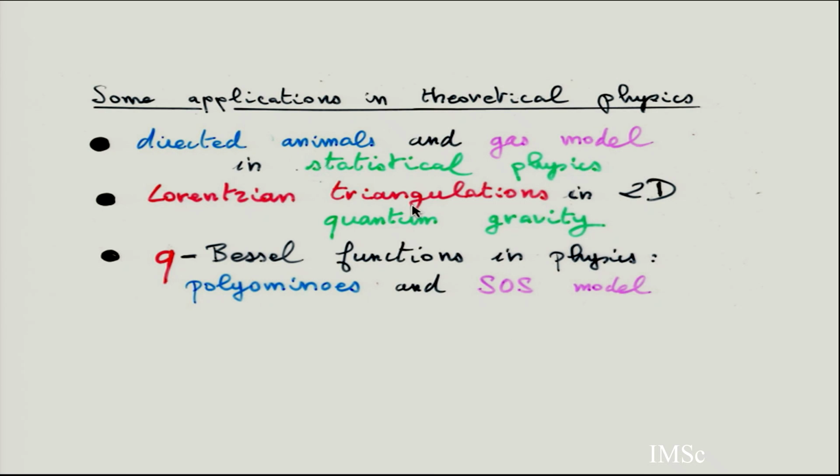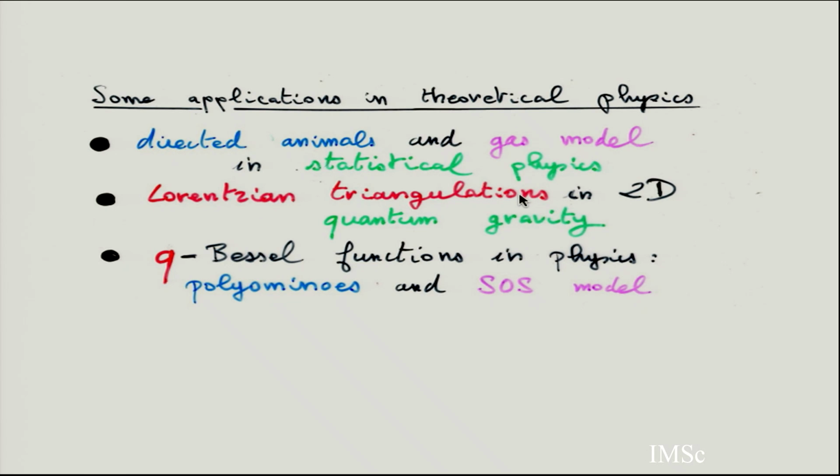There are also applications or connections to theoretical physics. For example, the directed animal problem in some gas model can be completely solved using a connection with heaps of pieces. There was some work in what is called quantum gravity, a unification of general relativity and quantum mechanics. There are different theories: string theory, other theories, and Lorentzian triangulation.